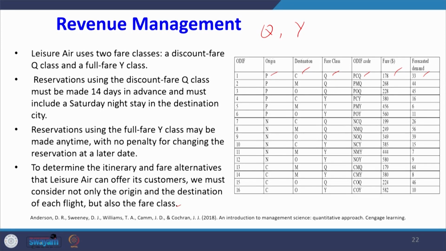You see that this is PCY, a Y class ticket, but here the fare is $380 and the forecasted demand is 16. So, for each leg there are 2 possibilities, one is a Q class ticket, another is a Y class ticket.